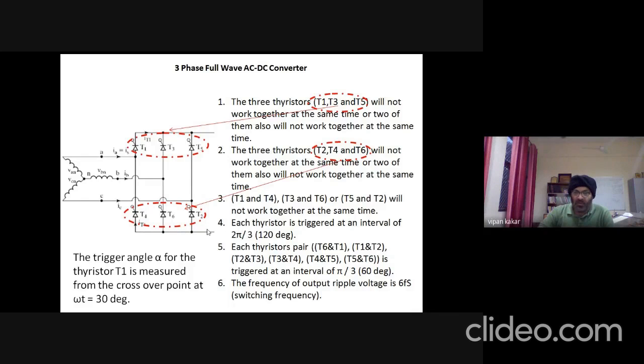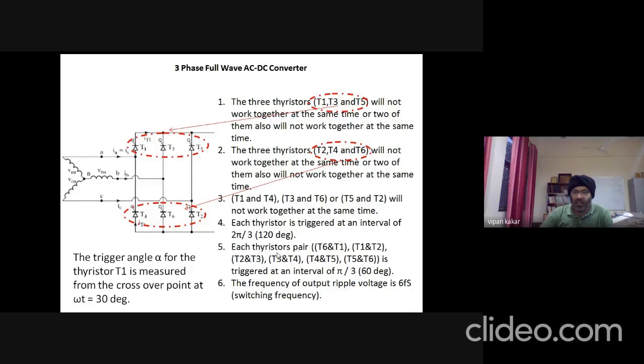Next condition is that they should trigger at an interval of 120 degrees. As I said, all 3 phases are 120 degrees apart to cover 360 degrees from 0 to 2 pi. So a 120 degree phase difference should be there.